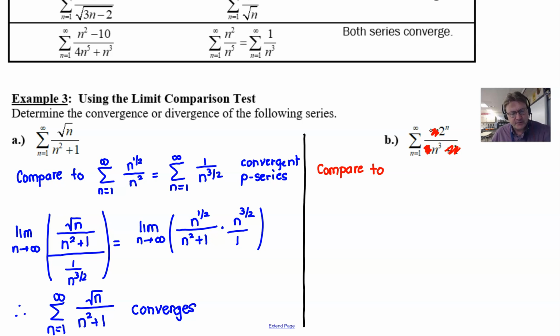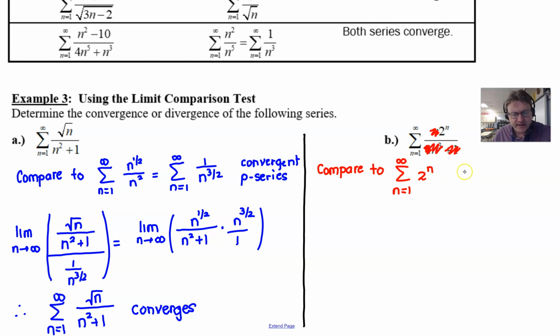So what I'm going to do is go one little step farther with this problem, and I'm going to choose the correct piece to compare it with. And again, in the grand scheme of things, 2 to the n is going to grow faster than n to the 3rd. So I could actually get rid of that and really just compare this to 2 to the nth power.